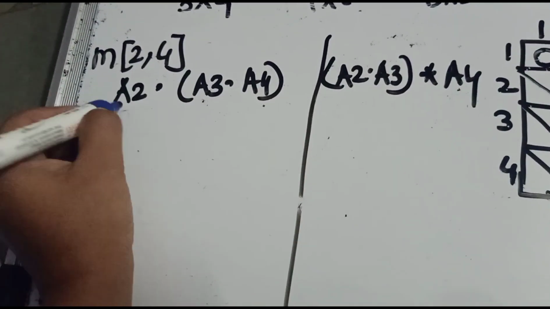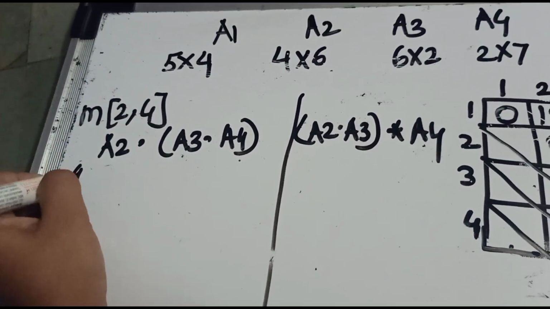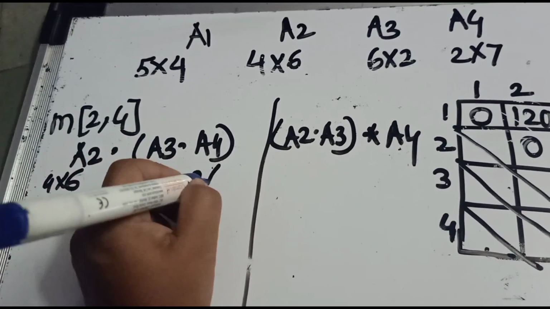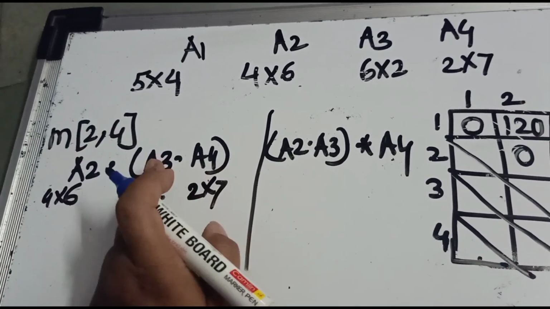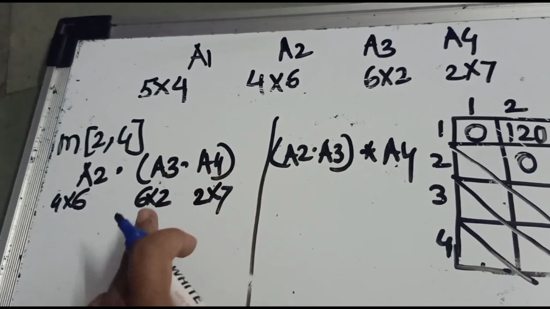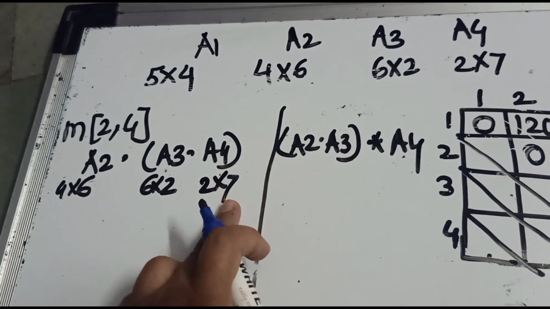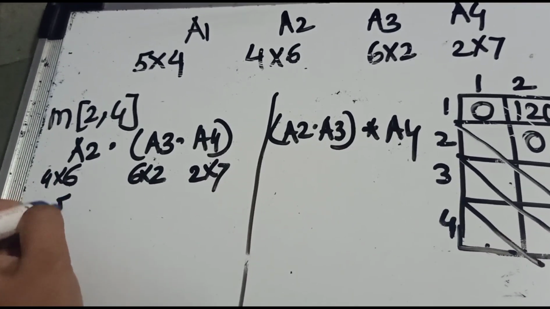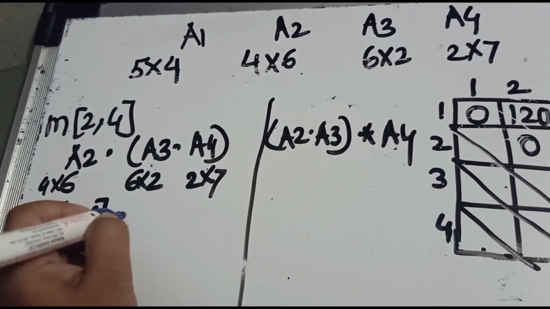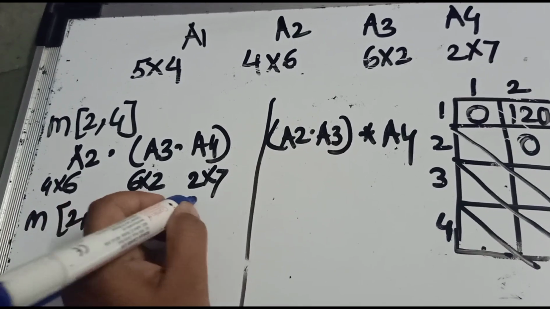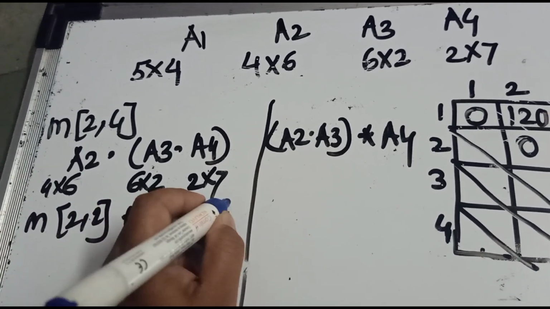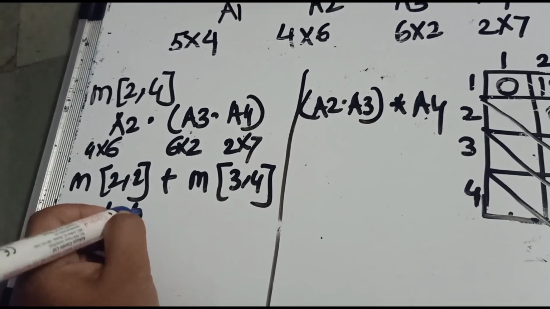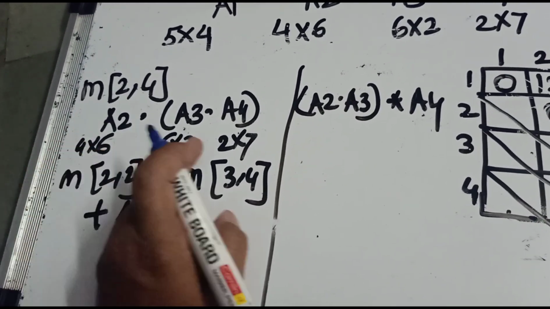First we will see the dimensions: A2 is 4 by 6, A3 is 6 by 2, A4 is 2 by 7. The resultant matrix of A3 and A4 will have dimension 6 by 7. So A2 means M of 2 comma 2, plus A3, A4 means M of 3 comma 4, plus 4 by 6 and 6 by 7.